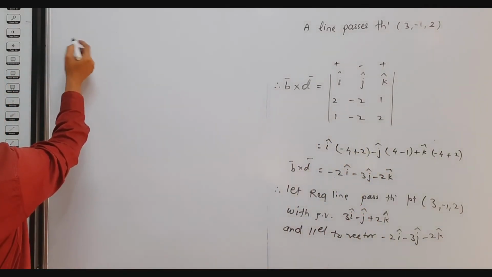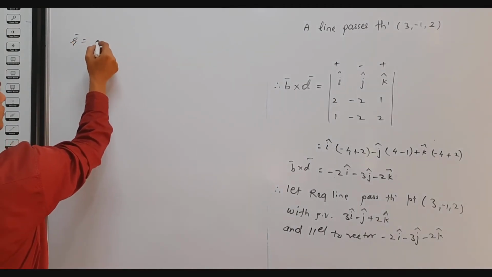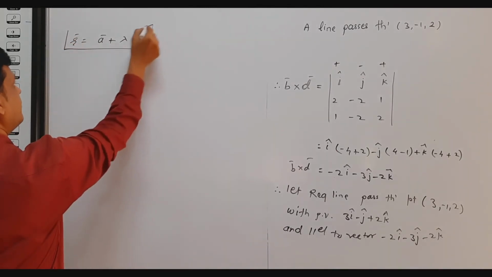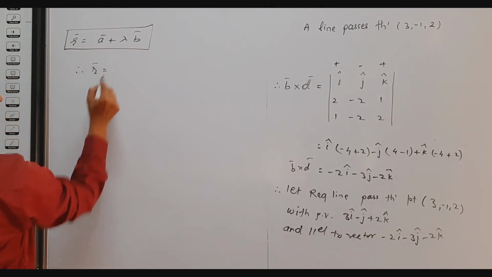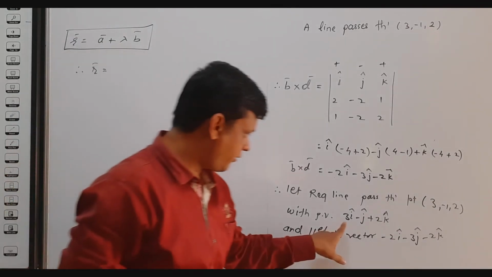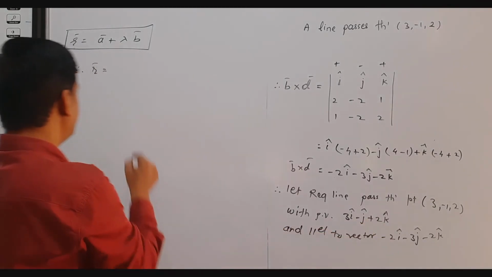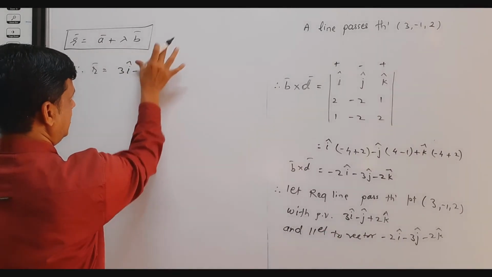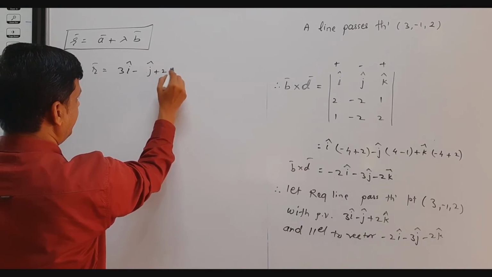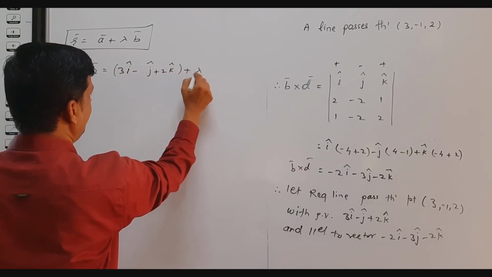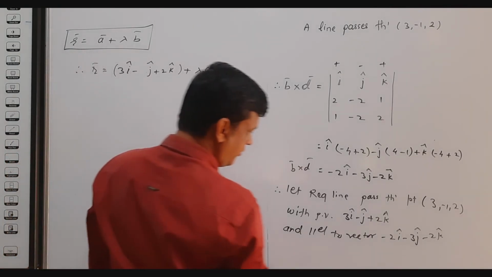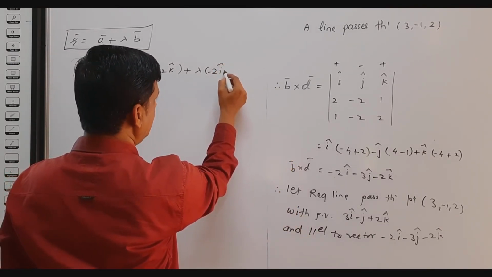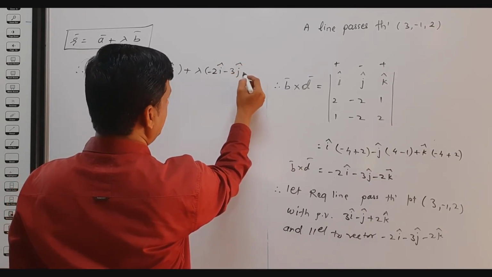So we write r bar equals a bar plus lambda into b bar form. Therefore r bar equals, in place of vector a we have the value 3i minus j plus 2k, plus lambda into, in place of vector b we have the value minus 2i minus 3j minus 2k.